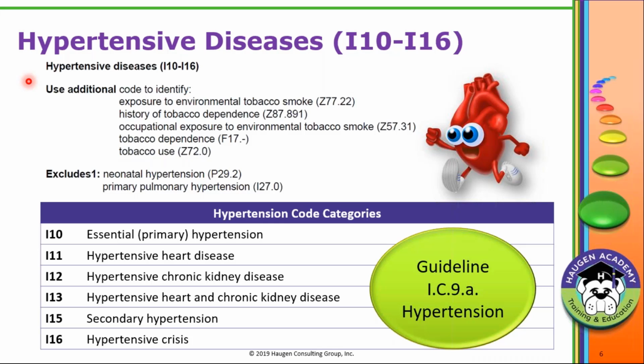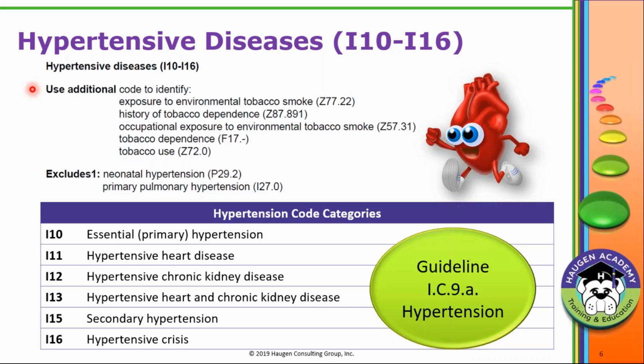And I know as we code more and more, we kind of get out of that habit. And if you're using an encoder, a logic-based encoder, I know that we're not always in the book, but it's good to remember that these instructions are in the book and that the official coding goes according to the book and not the encoders. So there is a note at the beginning of the hypertension section that tells us to use additional codes for tobacco use or exposure or dependence, depending on what's going on with the patient.